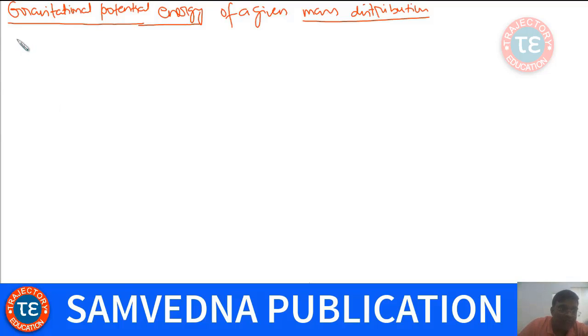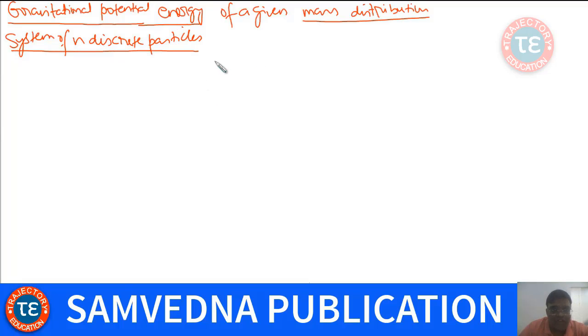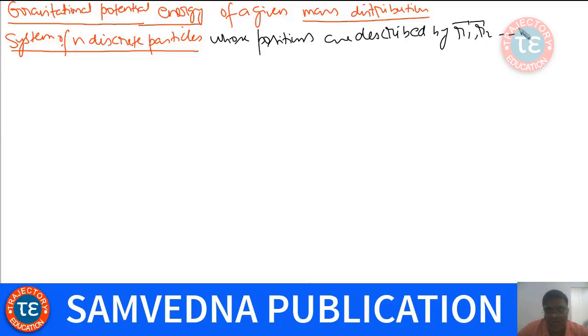Suppose we have a system of n discrete particles whose positions are described by R1, R2, Ri, Rn.